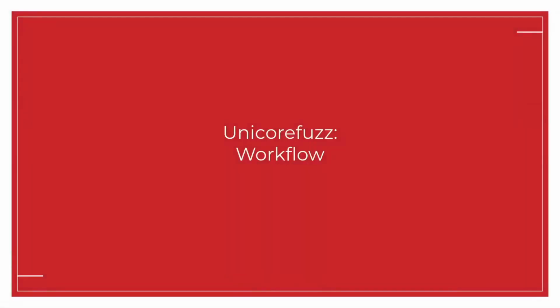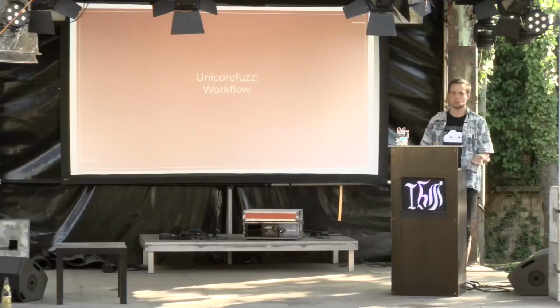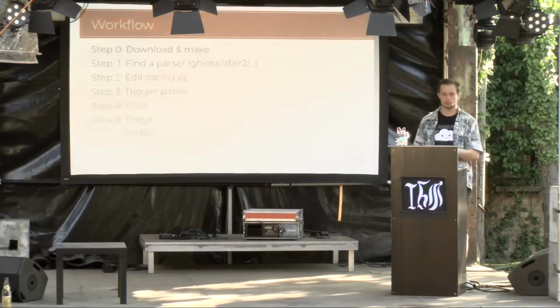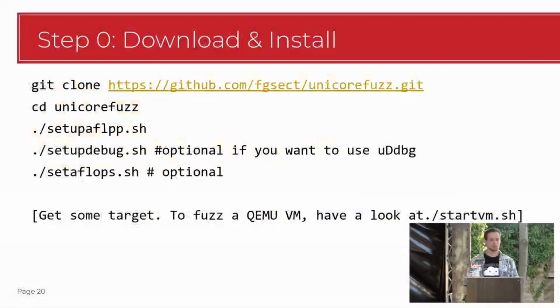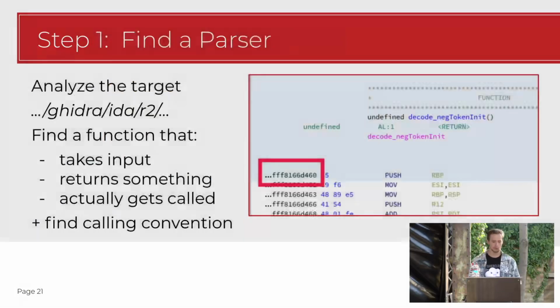So what would you do if you use our tool? You go to GitHub and download it, obviously. Then you run all the setup scripts that we have. There's one optional one for debugging and one optional one that sets your kernel up for fuzzing to be quicker. There are also some helper scripts that we use internally to spawn QEMU VMs to fuzz kernels.